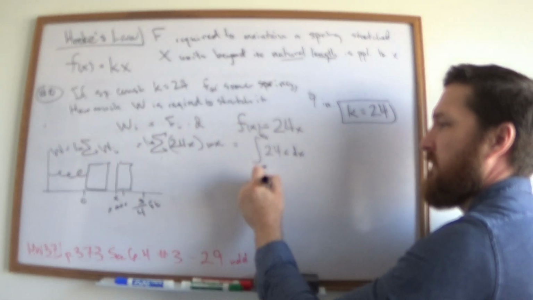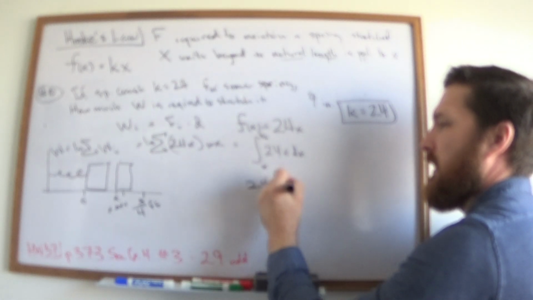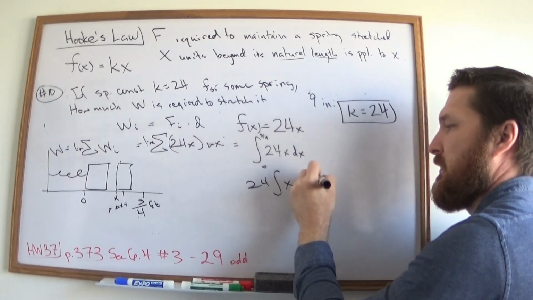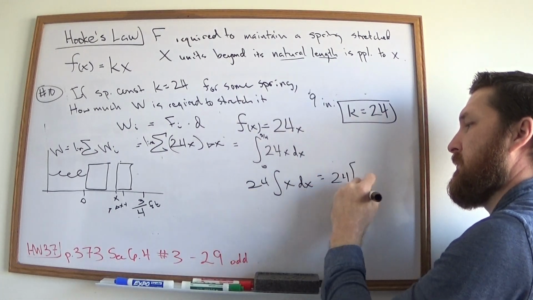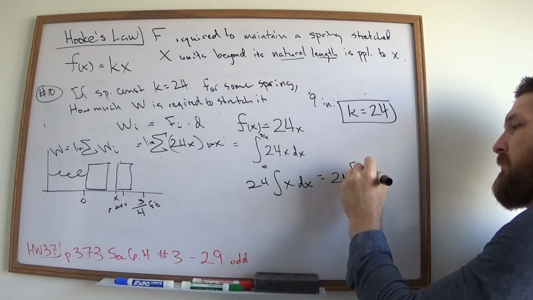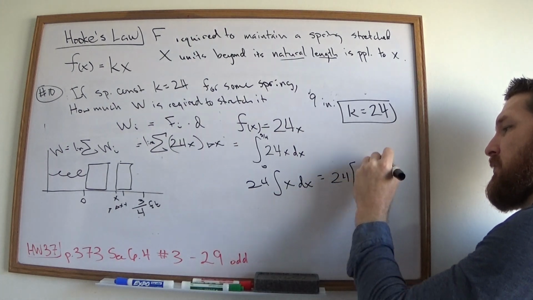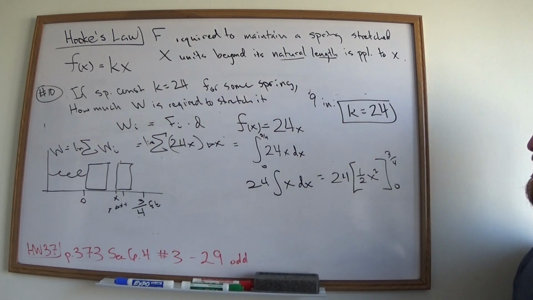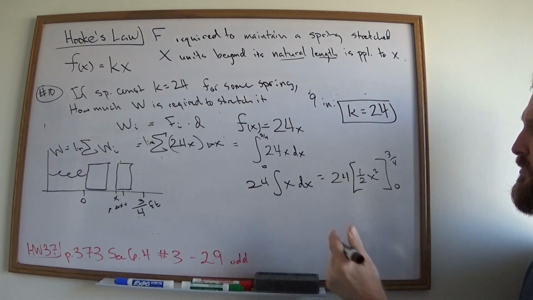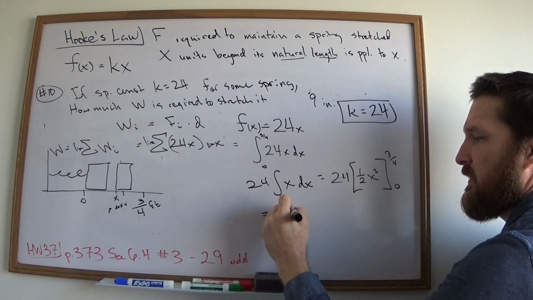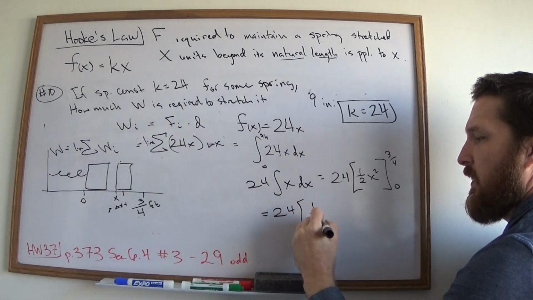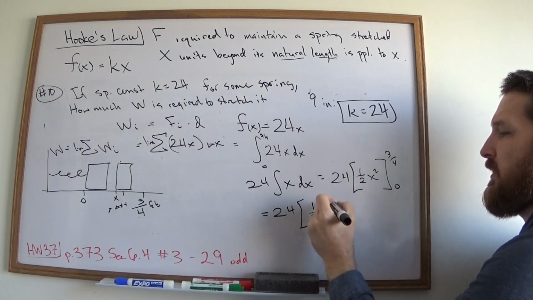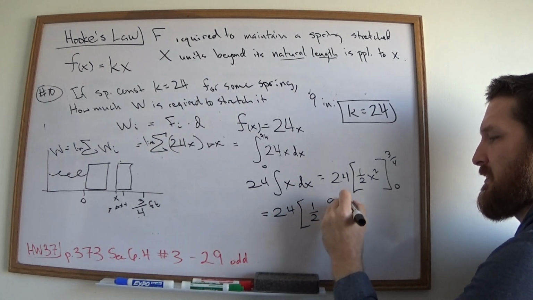Alright, so that's 24 integral x dx, which is 24 times, we've done this a bunch of times now, 1/2 x squared up at 3/4, down at 0. That 0 is really nice, so then the 3/4, this gives me 24 times 1/2 times 3/4 squared, which is the same as 9/16.